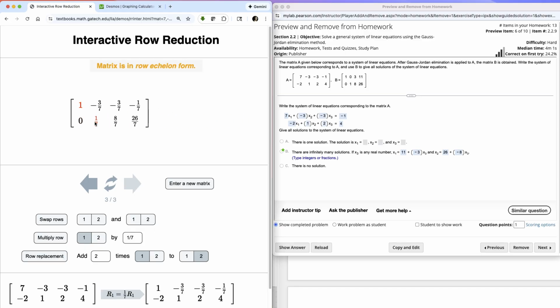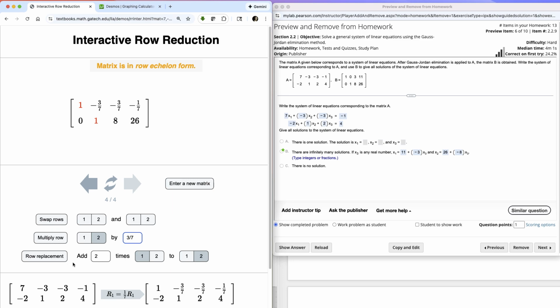Okay, now I need to make this a 1. Multiply row 2 by 7. And then make this a 0 above it. Multiply row 2 by 3/7, and then add up.